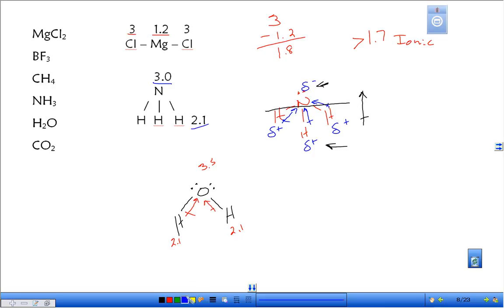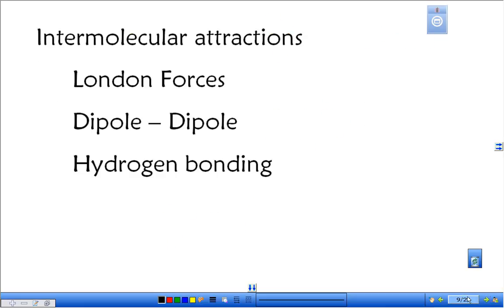Water can be divided just below the oxygen, and you'll notice the dipole moment is in this direction. So we have this nice polar molecule. And we're going to look at some of what happens because of that polarity now. We get what are called intermolecular forces, and we'll talk about these intermolecular forces in just a moment.